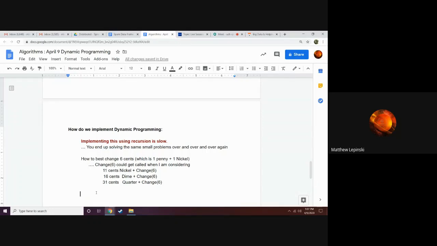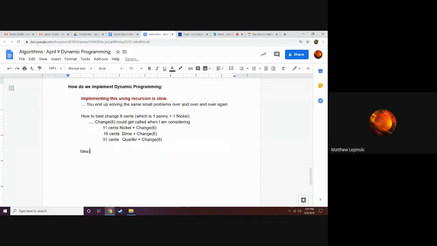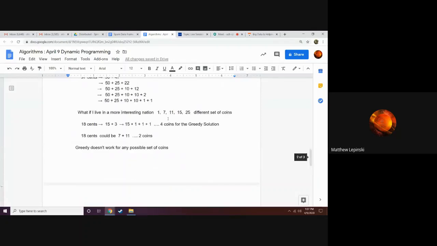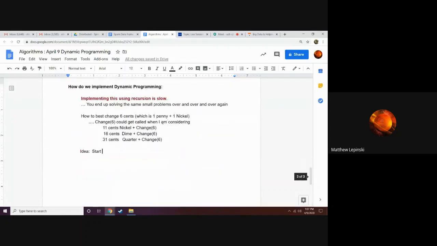The recursive solution starts at the top and works down, and if we start at the top and work down, we can end up accidentally solving the same subproblems over and over and over again. So typically when you implement dynamic programming, you start at the bottom and build upwards.